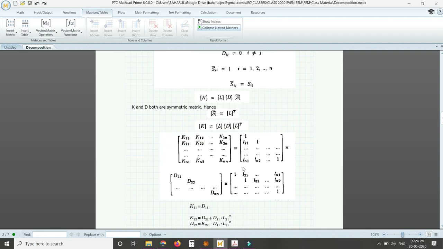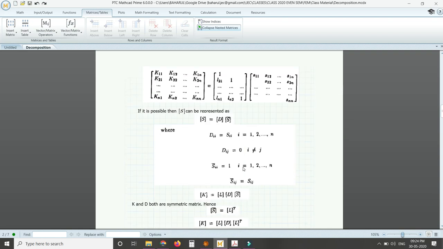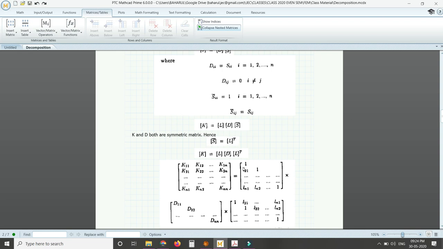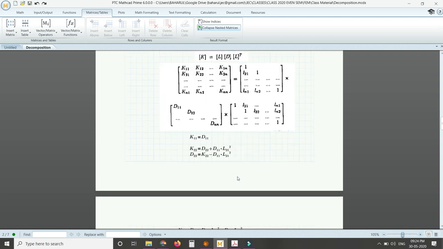Okay, so this is all just theory. You just need to understand how we can decompose one particular symmetric matrix into this form, this L, D and L transpose. Now the thing is, we want to find L and D, because L transpose is basically the same thing as L. So we want to find the L coefficients and D coefficients, that is D11, D22, D33, as well as L21, L31, L41, like that.